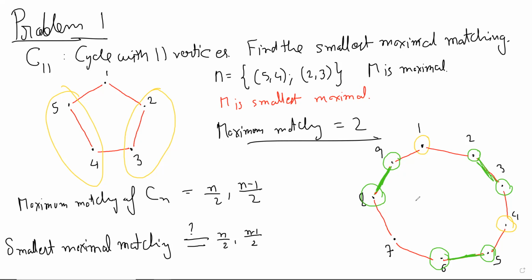No, that's a little. I don't think that will. So yeah, Ritam, why can you enlarge it? If you would have chosen 4, 5. No. But what we have found is a maximal matching, and we are looking for the smallest maximal matching.